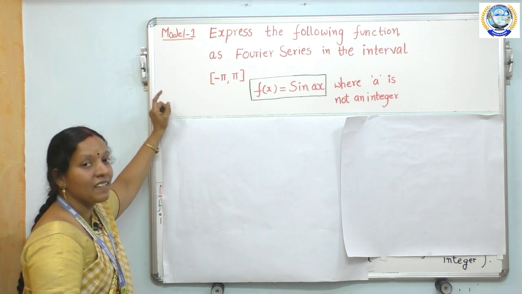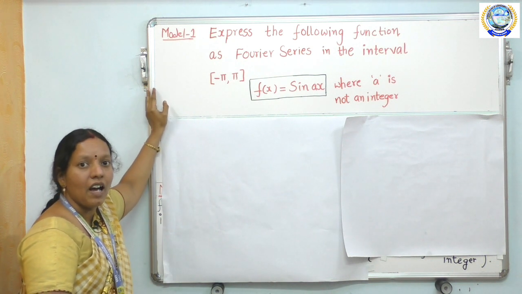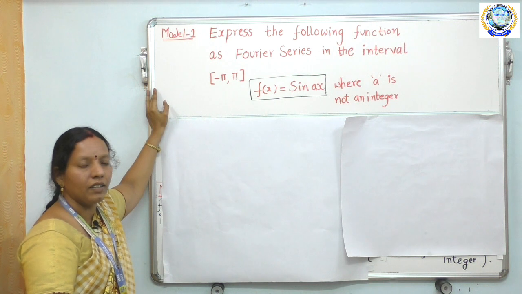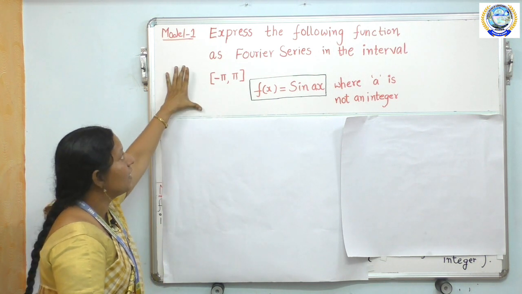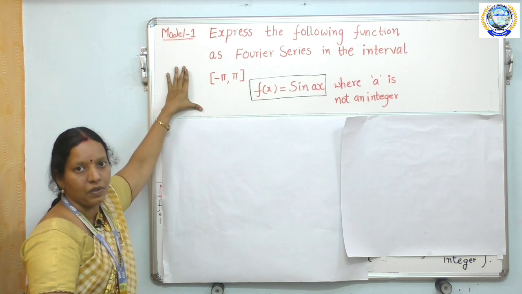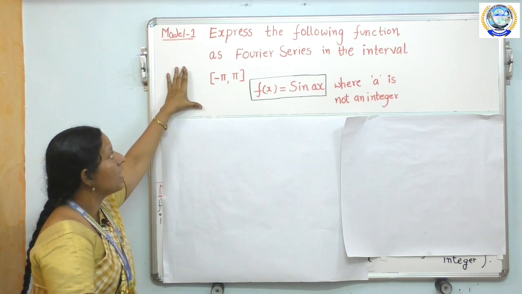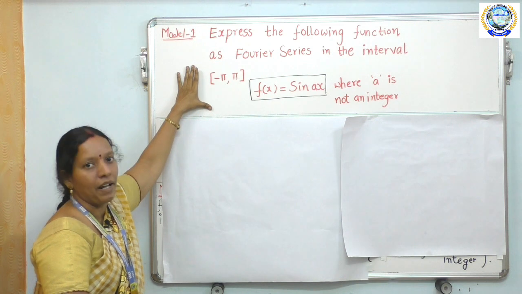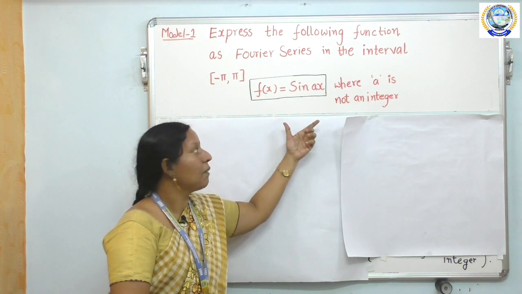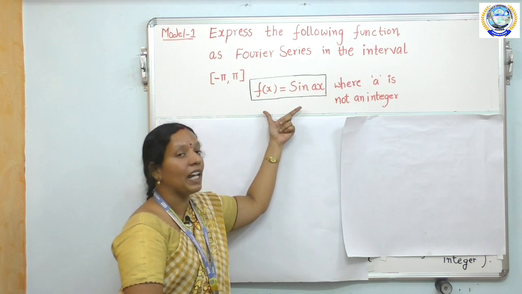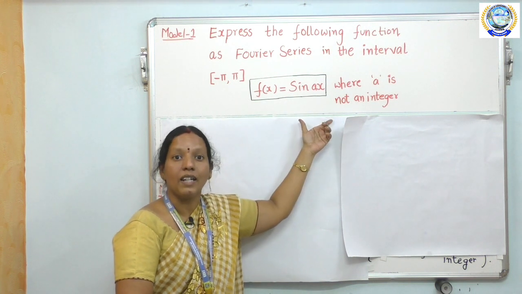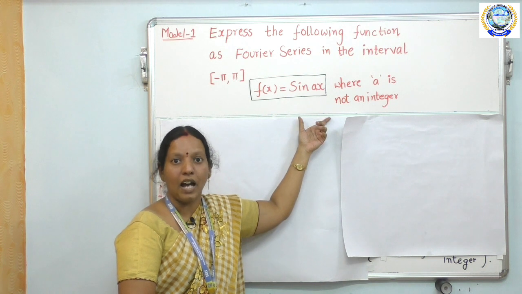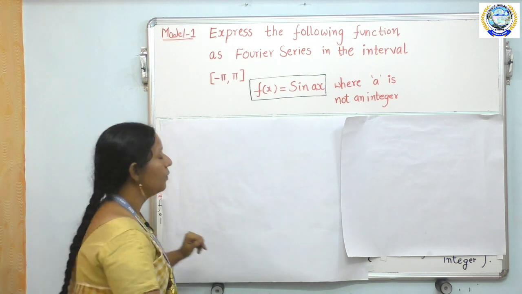Yes, Fourier series second formula. How did you identify that one? By observing the interval. This is the direct way of asking the question. Sometimes it will ask in a different manner. At the same time, we can find the function f(x) directly in the problem. That is also given in an indirect manner. I will show that also.